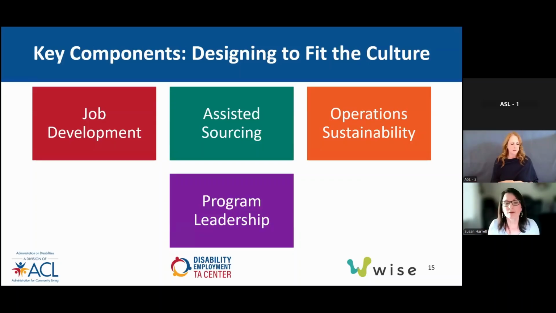So the key components of this, I know I'm down to a couple of minutes, so I'll go through this briefly and we can cover more in the office hours. But I have the classic boxes here that help to describe the areas of focus or the key components. So within job development, the things that we focused on really were around, does job development happen with external job developers coming in from employment agencies?